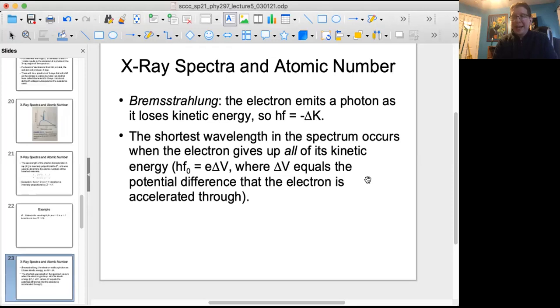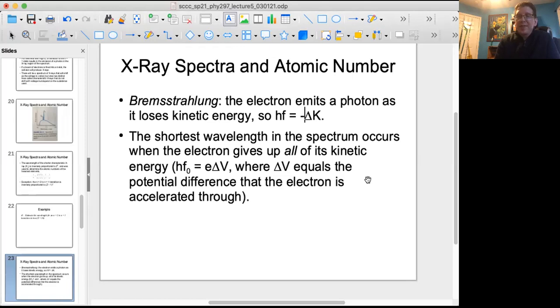Whatever kinetic energy is lost is given to the photon. So if an electron slows down due to influence from some sort of nucleus or some sort of collision, it will emit radiation.